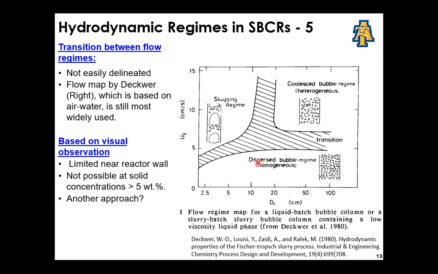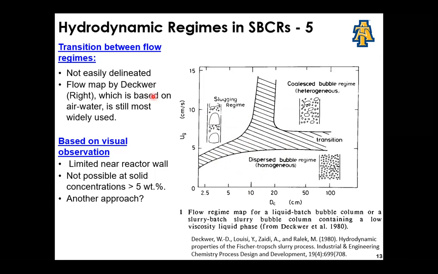On the slide, we have a schematic of a flow regime map for a liquid batch bubble column. It was developed by Deckwer, and it shows the different transitions from the bubble flow regime and slug flow to the heterogeneous flow.